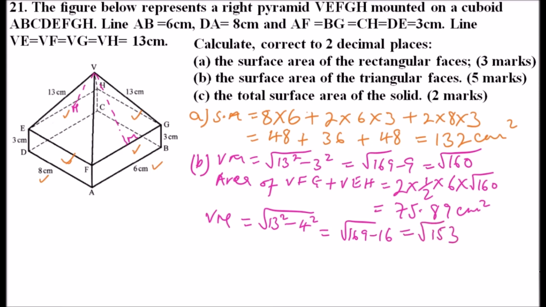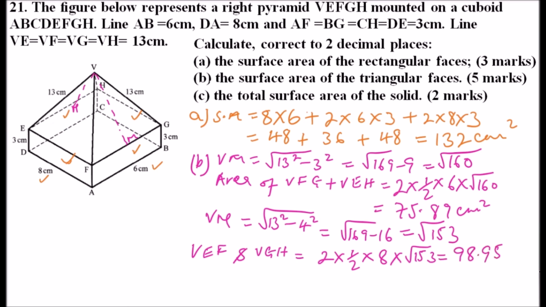So we can get the area of VEF and VGH, which is 2 multiplied by a half, you multiply by 8 base, you multiply by the square root of 153, which is equal to 98.95 centimeters squared.